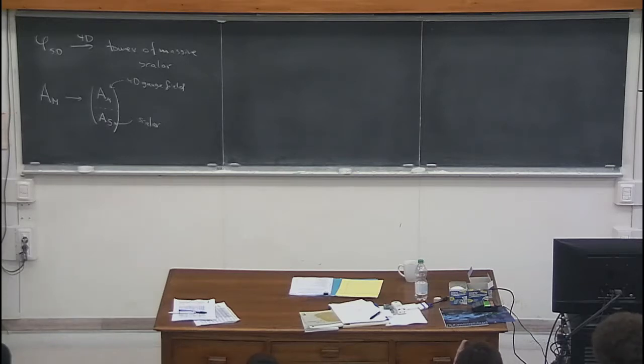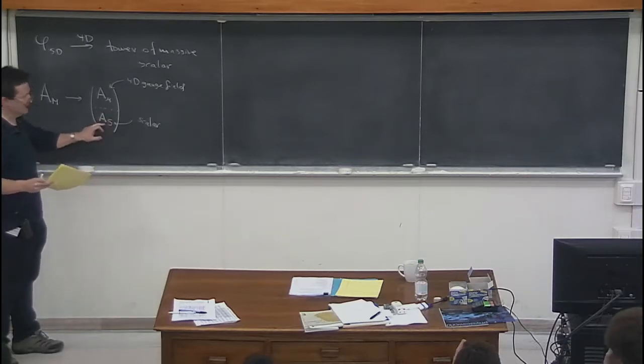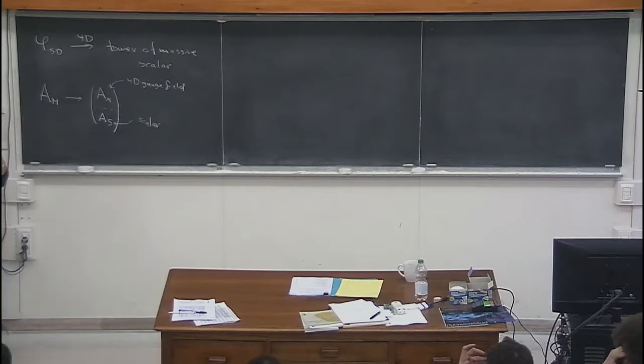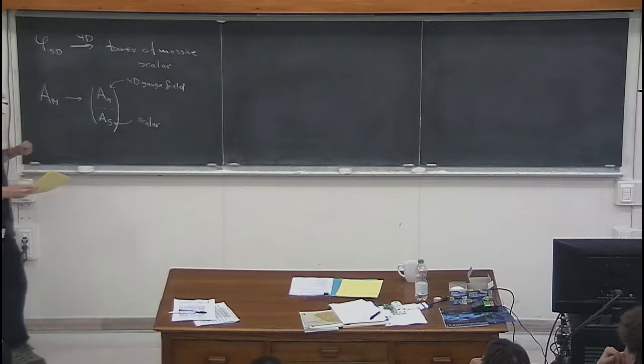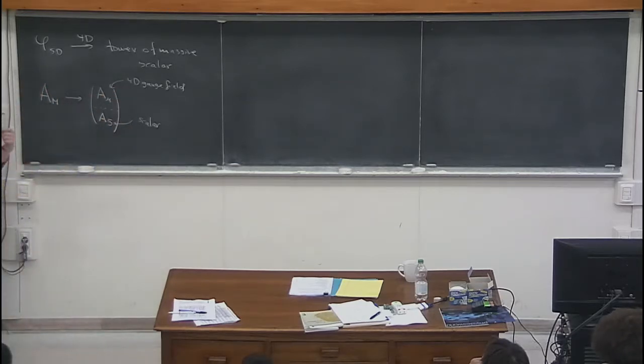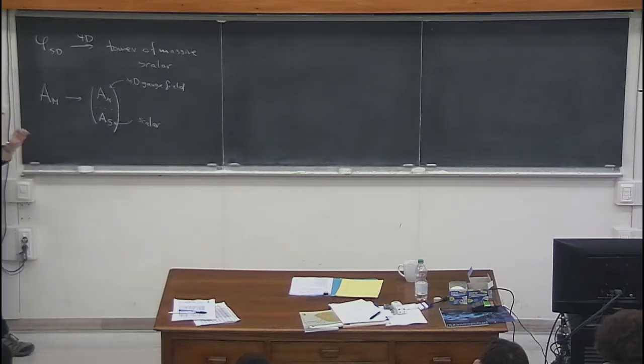And indeed, in the final model that hopefully we will get to at the end of this lecture, this A5 will provide the degree of freedom that will look like the Higgs. Now there's a complication here, related to the counting of the number of degrees of freedom, because as you know, in 4 dimensions, a massive and a massless gauge field have a different number of degrees of freedom.